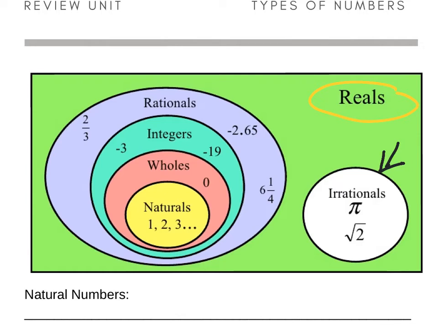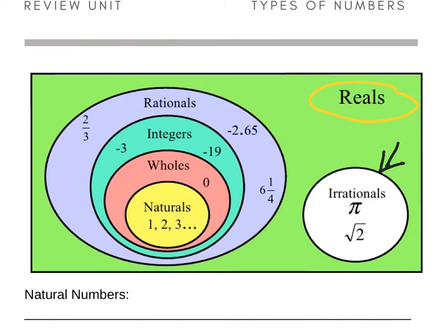They also include 0. And rational numbers are any numbers that can be written in a fractional form, so 2/3, 6 1/4, or a decimal form, because a decimal could also be written as a fraction. As long as it never ends and never repeats, then it would be an irrational number. So for it to be rational, it has to end or repeat.